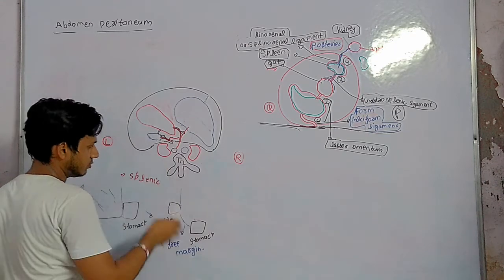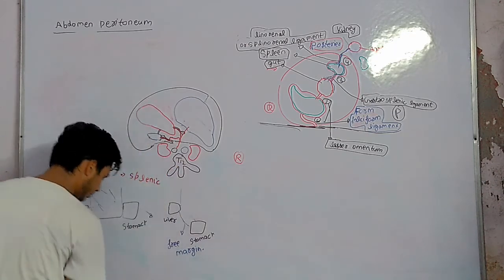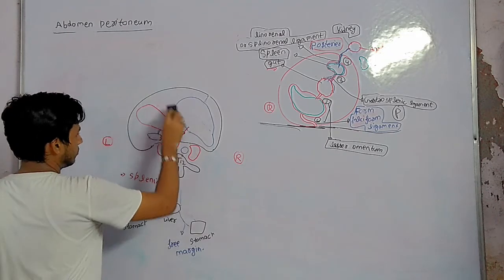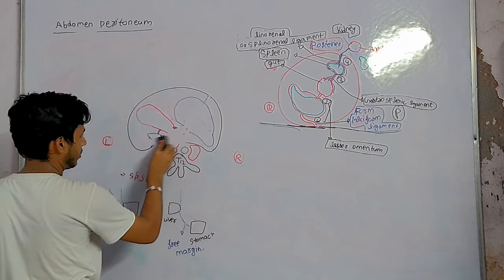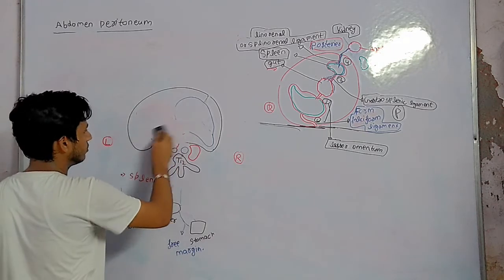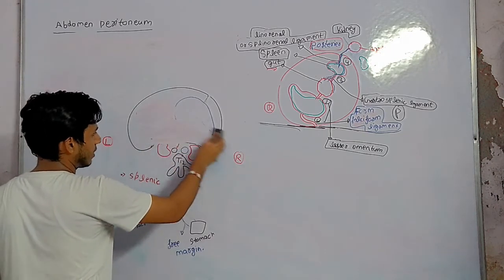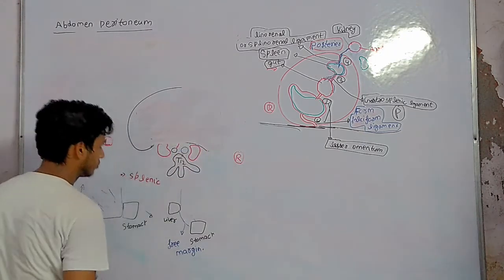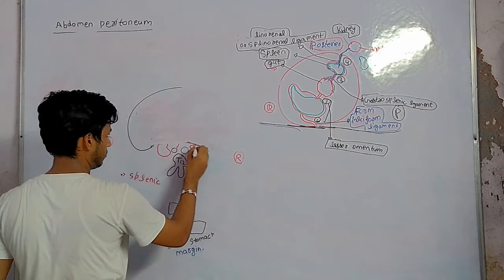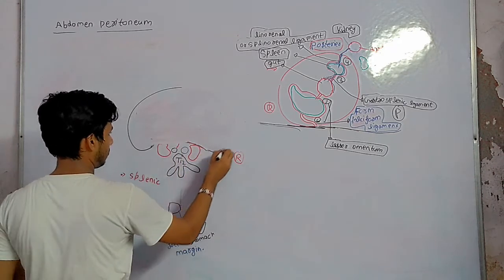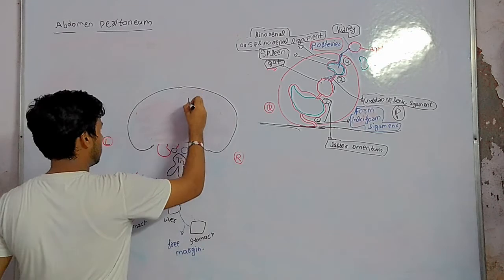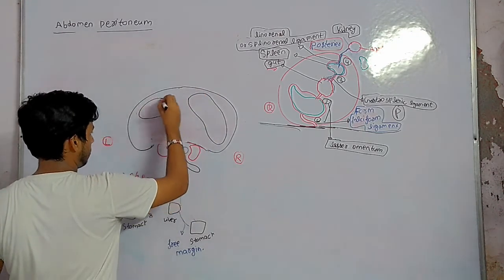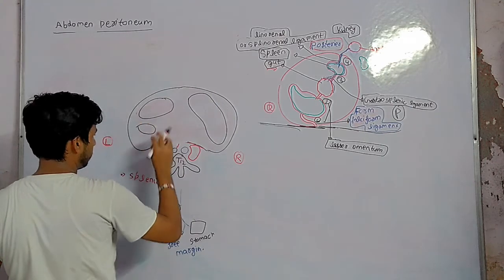The splenic artery. We can draw a figure. If we draw this big like this, it supplies like this. Again, this is the liver, this is the stomach, this is the spleen.